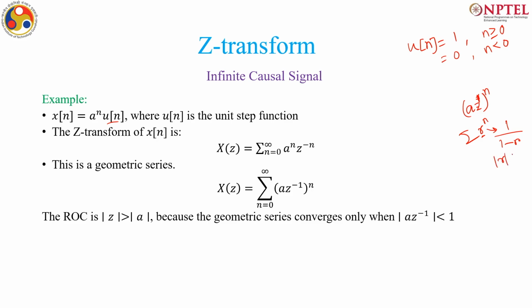provided mod r is less than 1, because even if mod r equals 1, I have infinite terms which are 1, so that is infinity, and if it is greater than 1, it will diverge and explode to infinity. So, only if mod r is less than 1 will the sequence converge and you get a finite value.